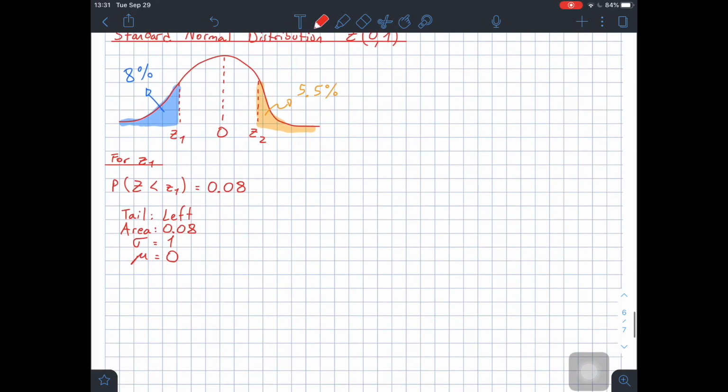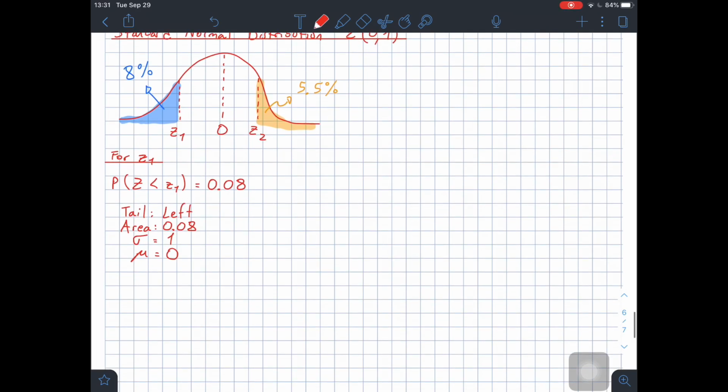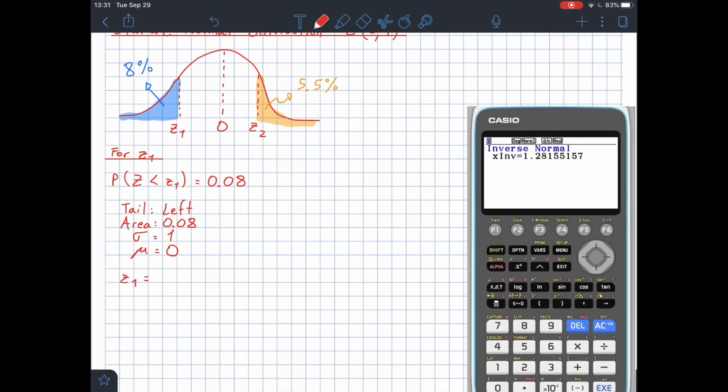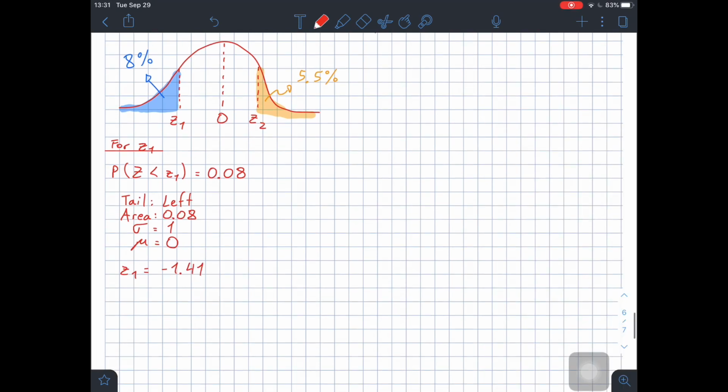So with this information, I can find the value of Z1, right? So we're going to have that Z1 is equal to, if we go to a calculator, let me see, tail to the left, area is 0.08, the standard deviation is 1 and the mean is 0. So we get this value, negative 1.41 is our value of Z1. Okay, now we're going to do exactly the same thing for Z2.